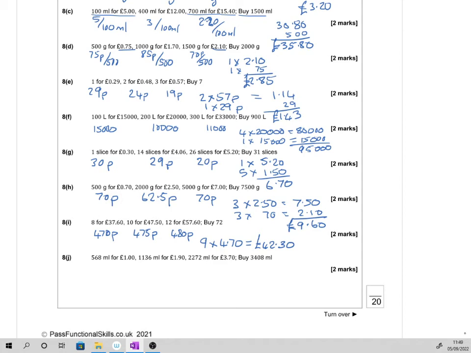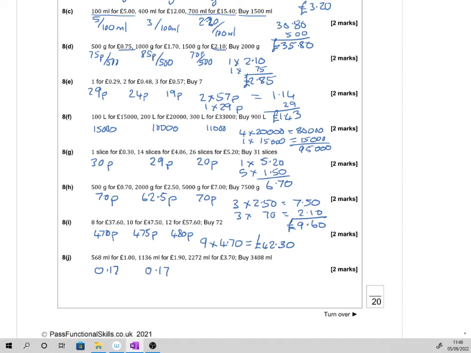So let's find out how much a mil this is. So we're going to go 100 divided by 568. It is, I call it 0.17. 0.17 pence a mil. 190 divided by 1136 is 0.17. 0.17.